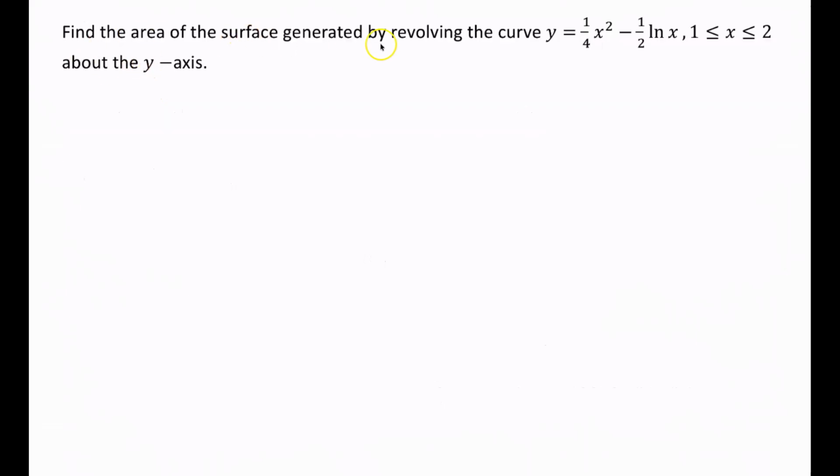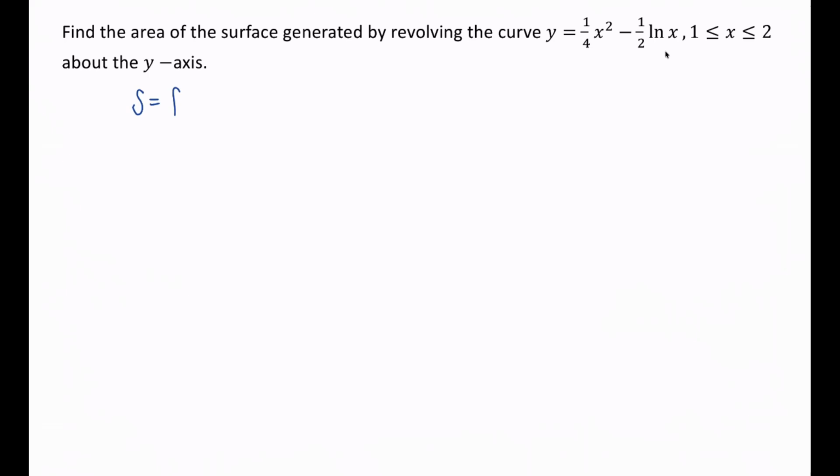Here, let's find the area of the surface generated by revolving the curve y equals 1/4 x squared minus 1/2 natural log x. The x interval is from 1 to 2, and we're rotating about the y-axis. So let's go ahead and set up our integral. We'll have s is the integral from x equals 1 to x equals 2. So the interval is in x and the function is a function of x.